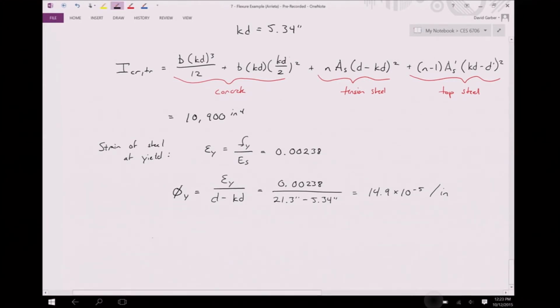So we can then find our yield moment, which will just be E I times our curvature. And we can find this to be 6,250 kip inches. Alright, so now we're ready to estimate our deflections at first yield.